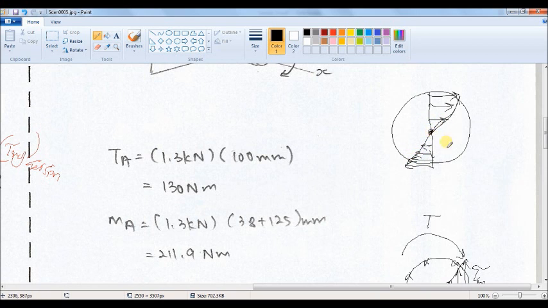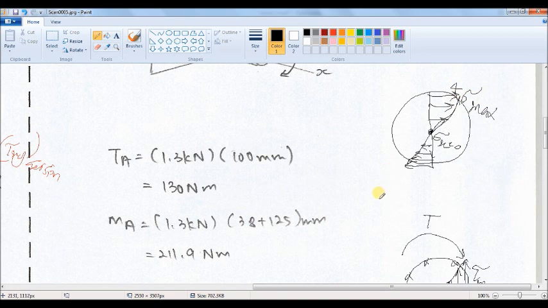So again, at the center, sigma x is 0, and here we have maximum axial stress.